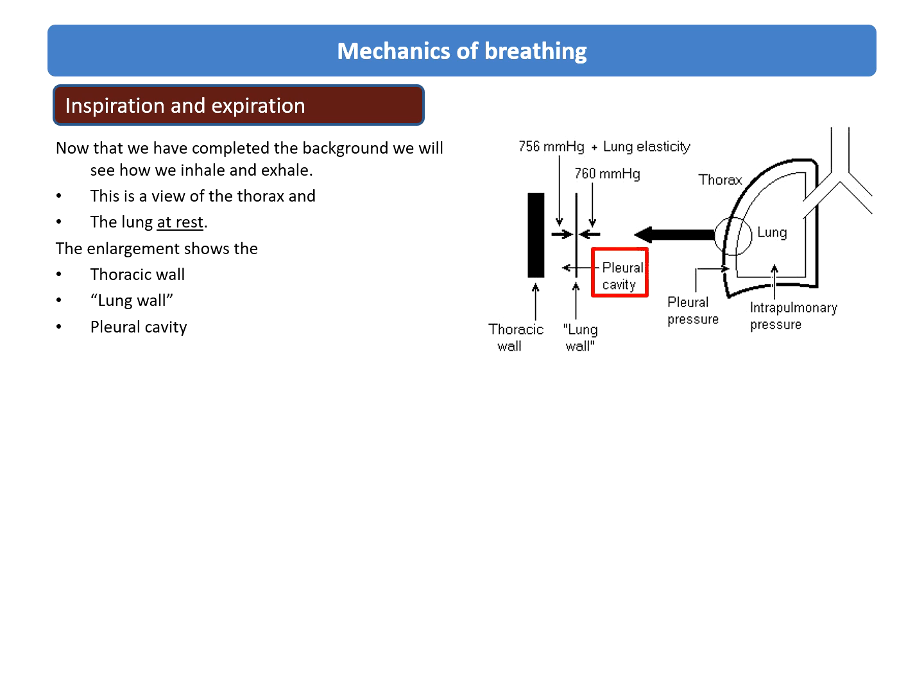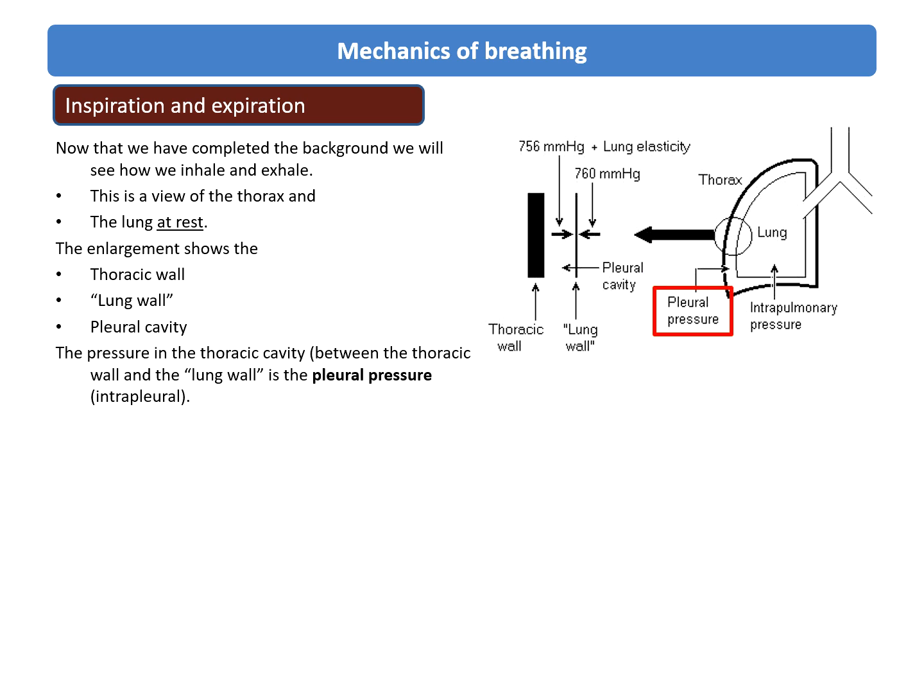The pleural cavity is the space between the two. The pressure in the thoracic cavity between the thoracic wall and the lung wall, and that's the same as the pleural cavity, it's called the pleural pressure. It's also referred to as the intrapleural pressure.